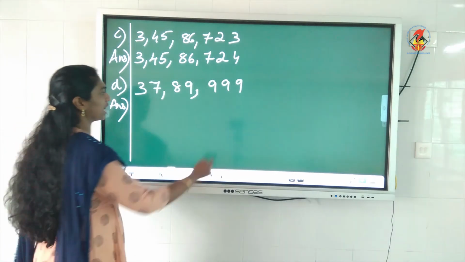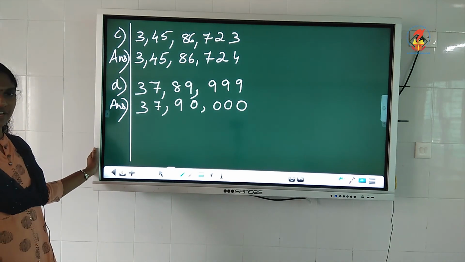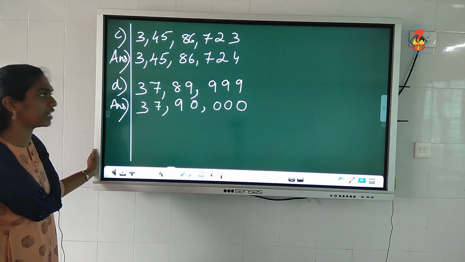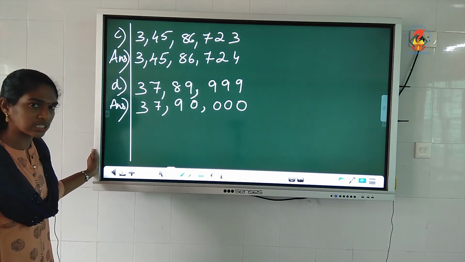Yes, all these 9s will become 0 and the number before 9 should be made 1 more. Yes, 8 will become 9, 8 plus 1 is 9. Then rest everything same. So the successor of 37 lakh 89,999 is 37 lakh 90,000.